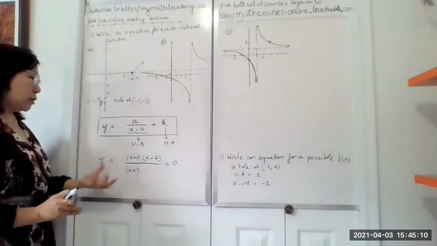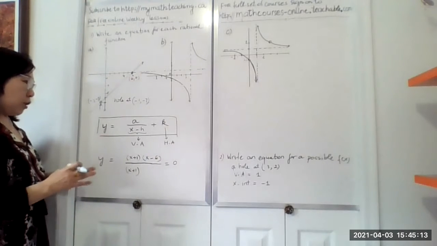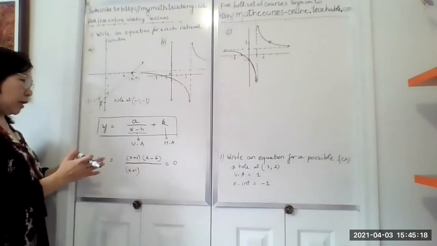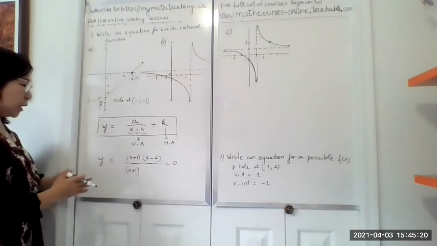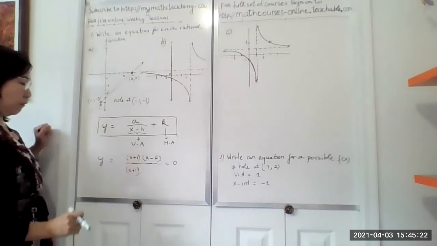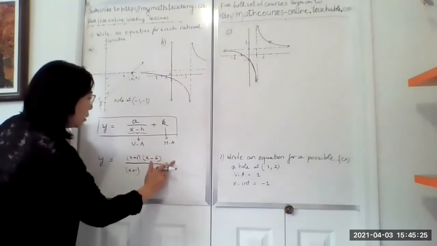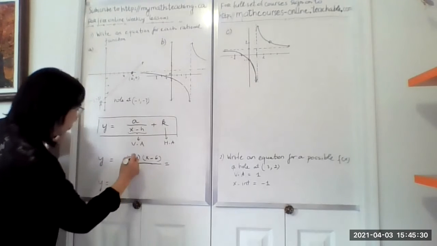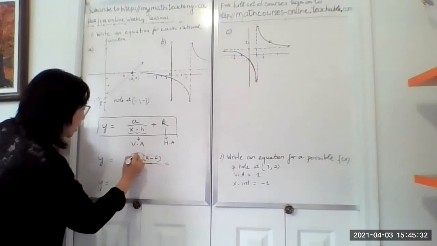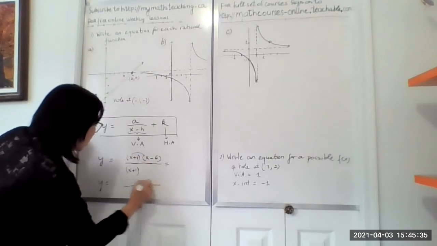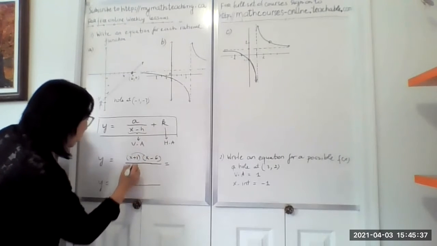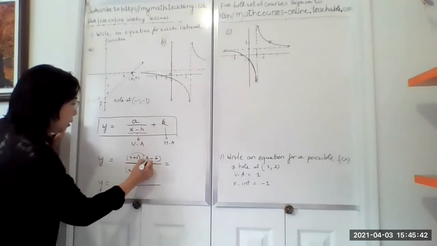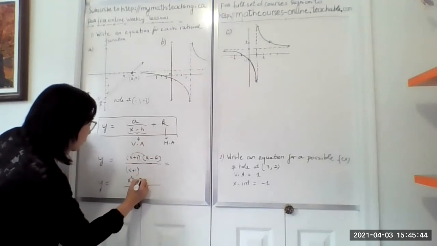But because this is the rational function, assume that this is the original equation and we haven't factored and canceled them out, this is the rational function we have. So let's multiply them together and write the equation. This time the top will be x squared minus 6x plus 1x, which will be minus 5x.